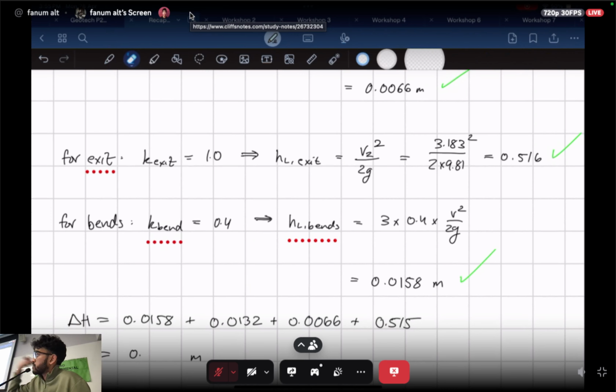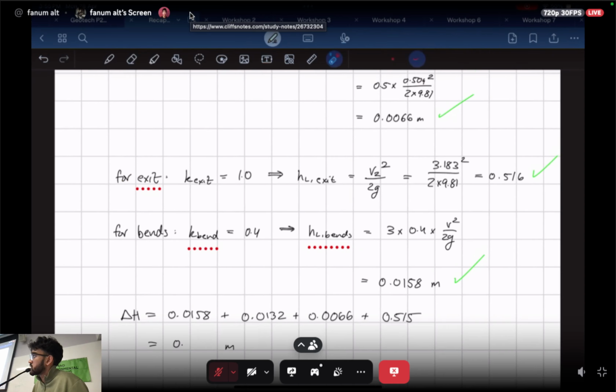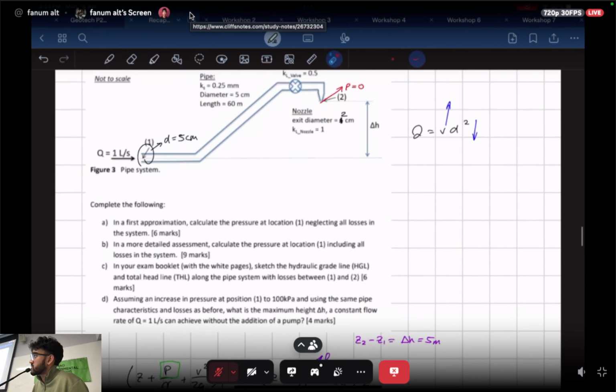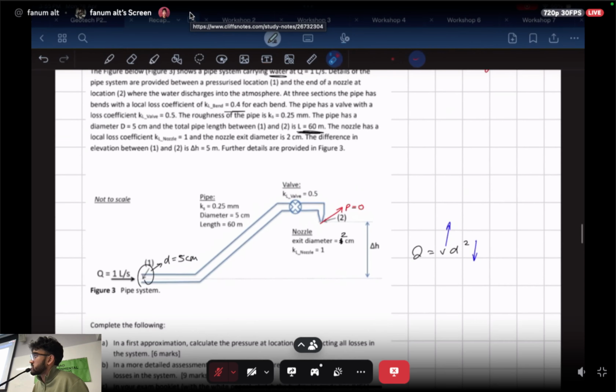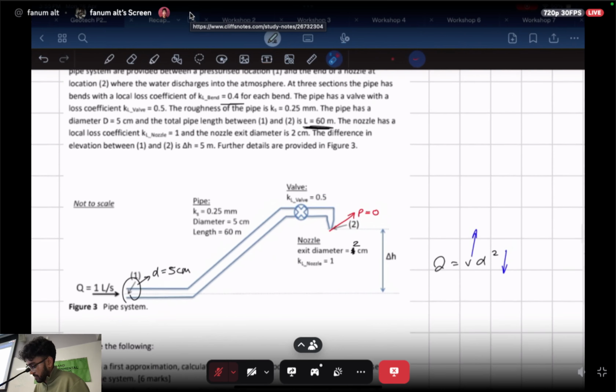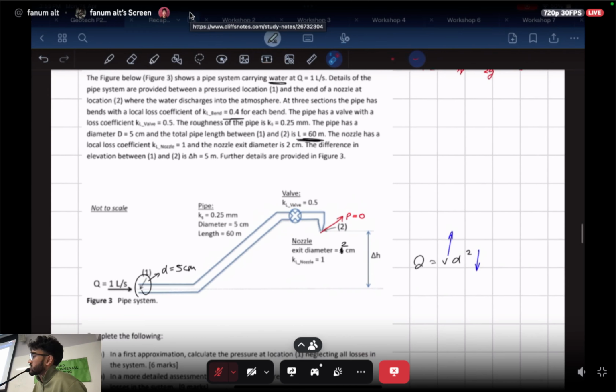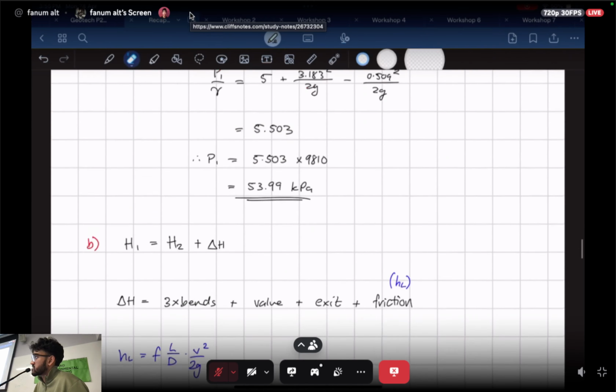V2 we figured out at, so yeah, I get what you mean. You assume there's no head loss, right? But you can't really find the velocity otherwise. Yeah, it's a bit of bullshit.